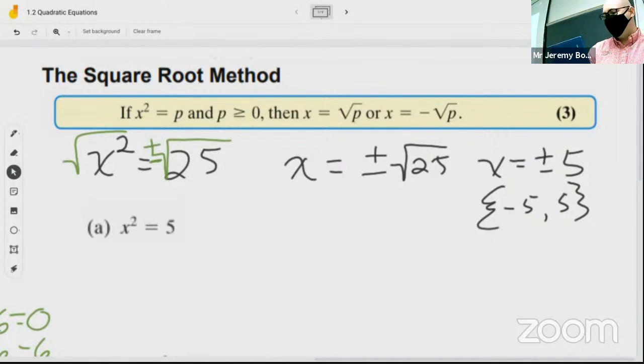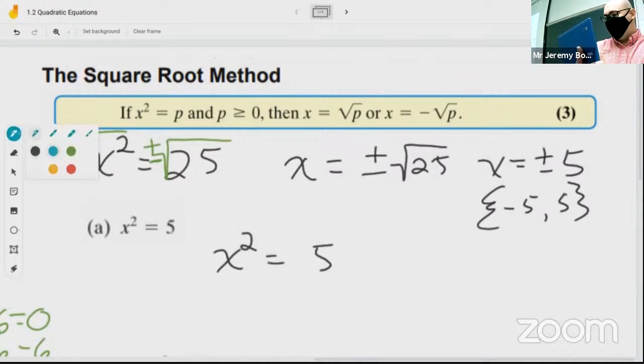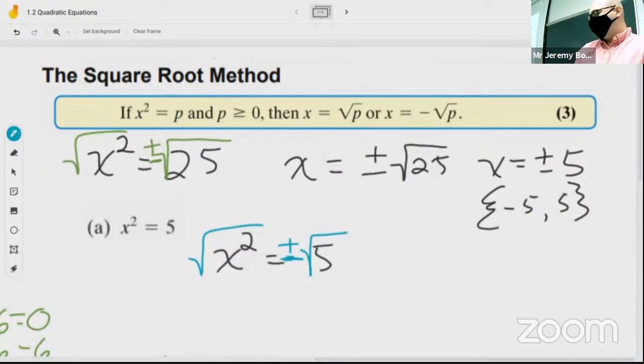Well, we don't know, but let's try the square root method on it. If we take the square root of both sides, the side opposite the variable is going to be plus or minus. Can we evaluate the square root of 5? We can, we'll just get a decimal.